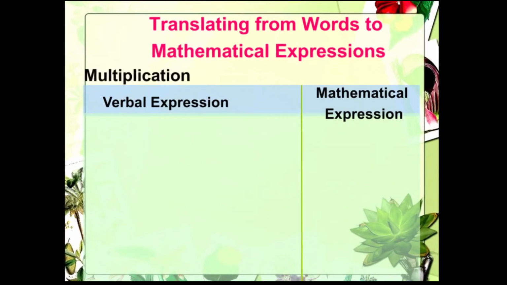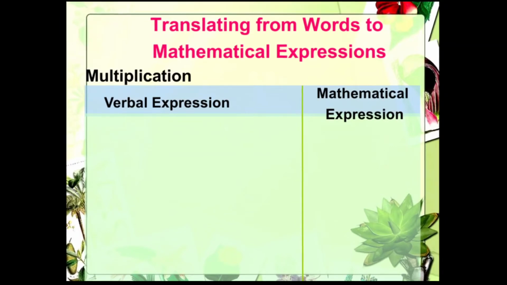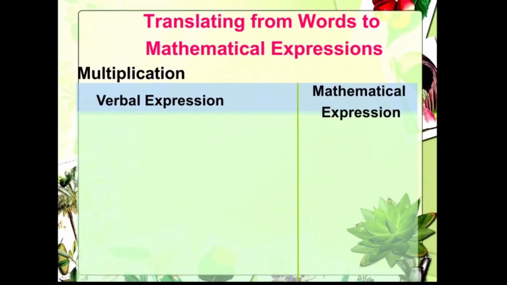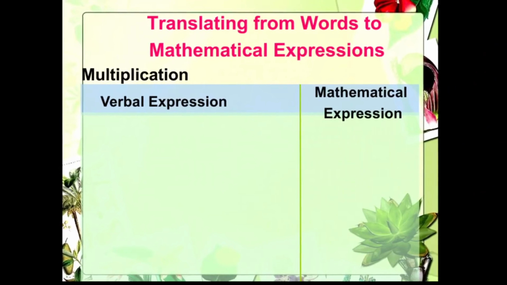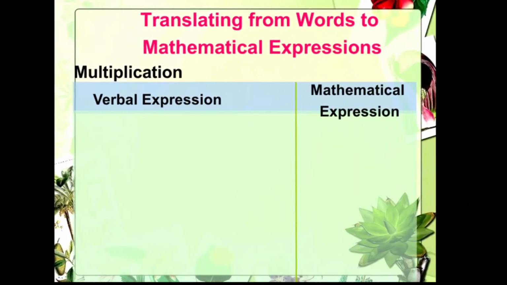Now, let's proceed to multiplication. So for multiplication, we can use parentheses. So when you see a parenthesis, automatic, that is multiplication. And if we multiply a number and a letter, we don't need to use parentheses or even the symbol for multiplication.